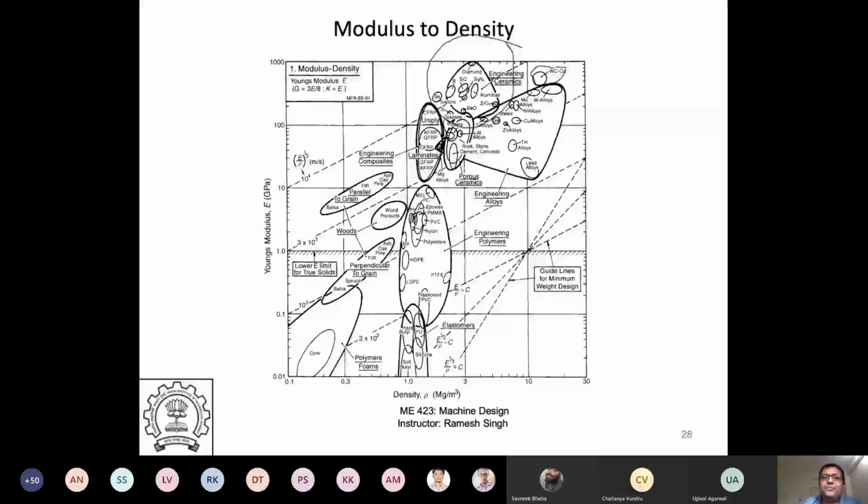And polymers have very low density because they're very light, but they don't have very high elastic modulus. But if you just look at the ceramics, these are the ceramic ones, and ceramics all of a sudden have very, very high modulus. I showed you how the modulus changes.